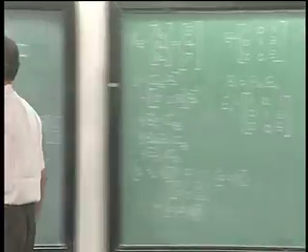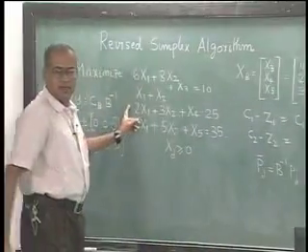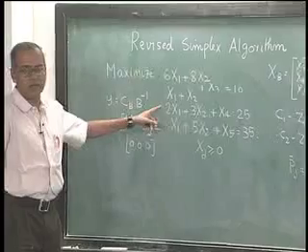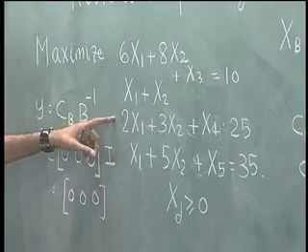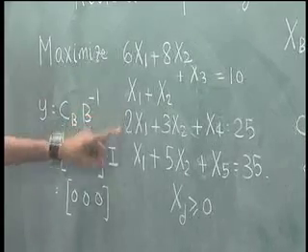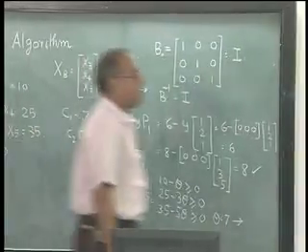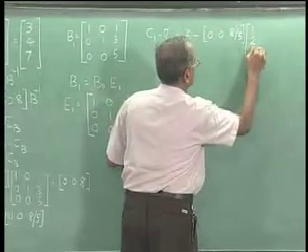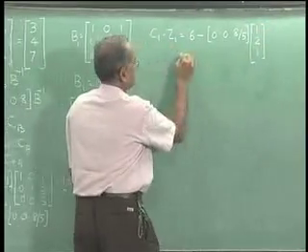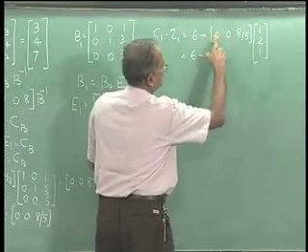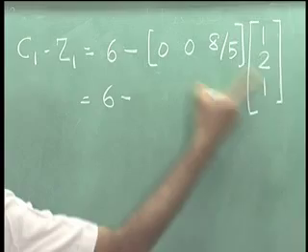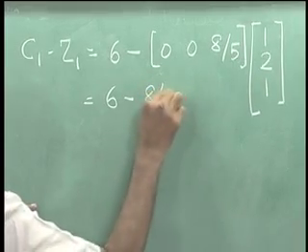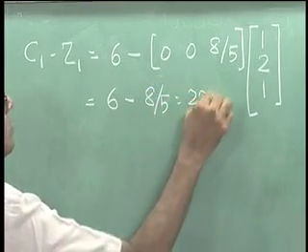P1 comes from the original matrix, which is the column corresponding to variable x1 in the original matrix, which is 1, 2 and 1. So, C1 minus Z1 is 6 minus this into 1, 2 and 1, which is 6 minus 0 into 1 plus 0 into 2 plus 8 by 5, 6 minus 8 by 5, which is 22 by 5.